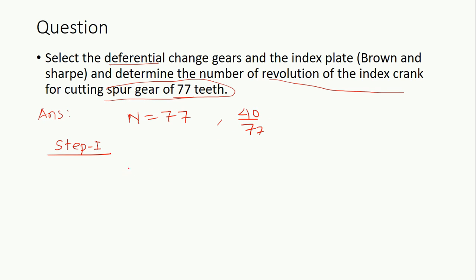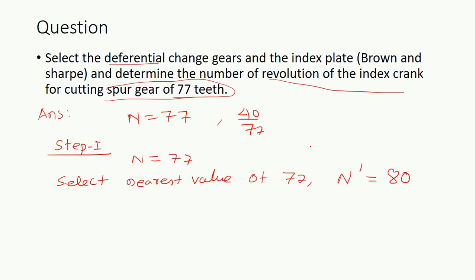So N is the number of divisions required, 77, but it is not divisible, so select the nearest value of 77 such that it can be divisible by 40. So choose N prime equal to 80. You can take 70, you can take 80. So go for step 2.